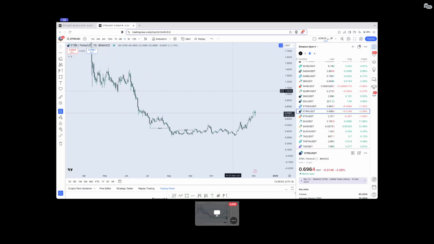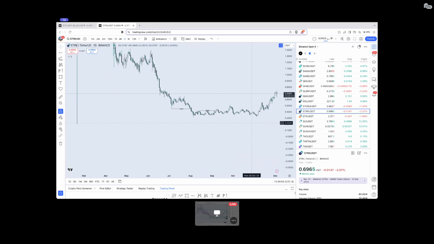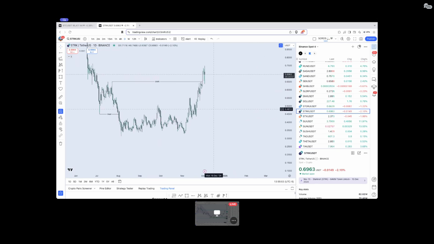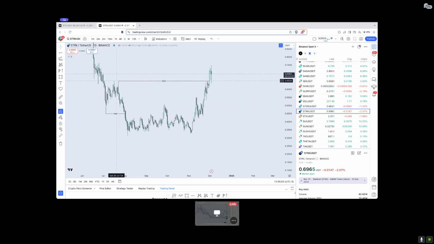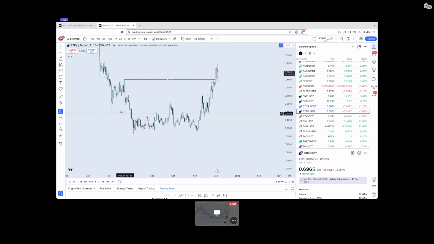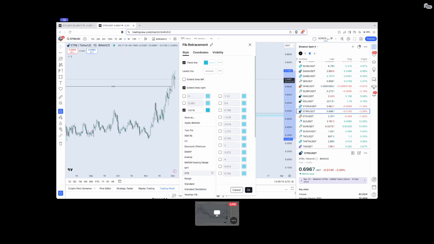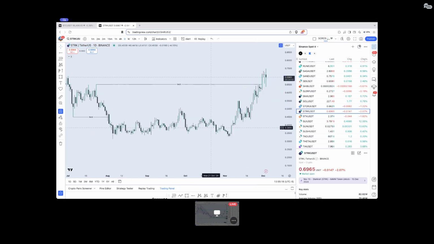Interesting. STRK, this thing's been demolished, but we have a proper structure shift now. So you have raid, shift on the previous high that took out the low. Now you have a proper dealing range you could trade. This one looks interesting for pullback.